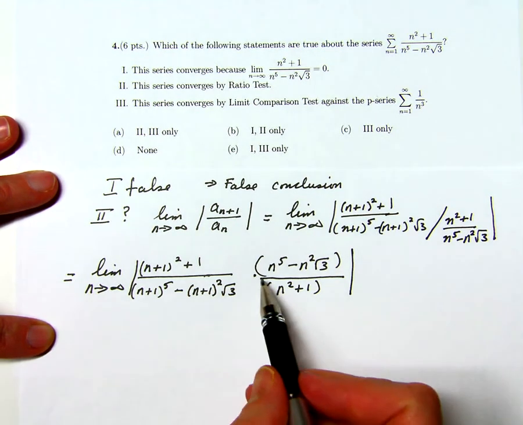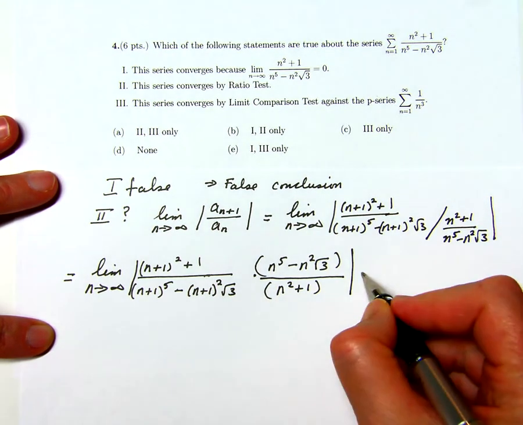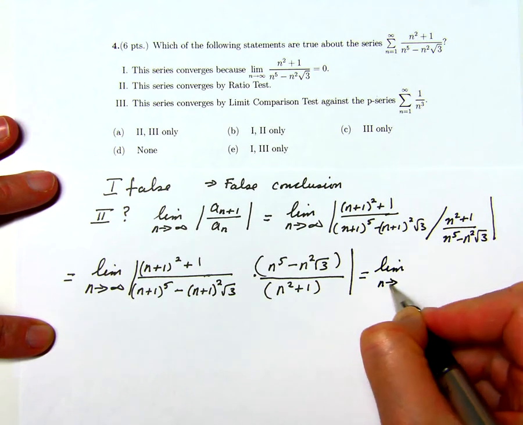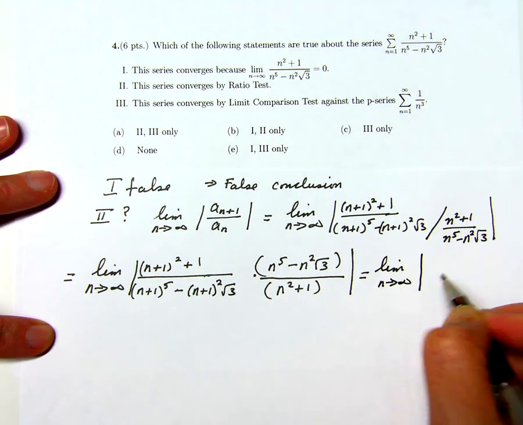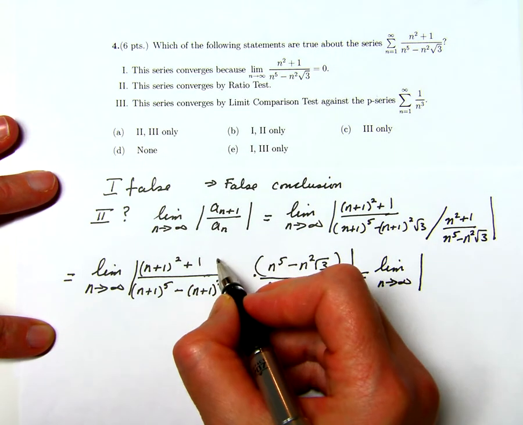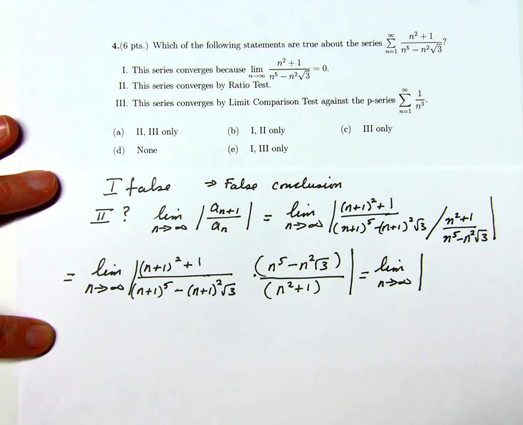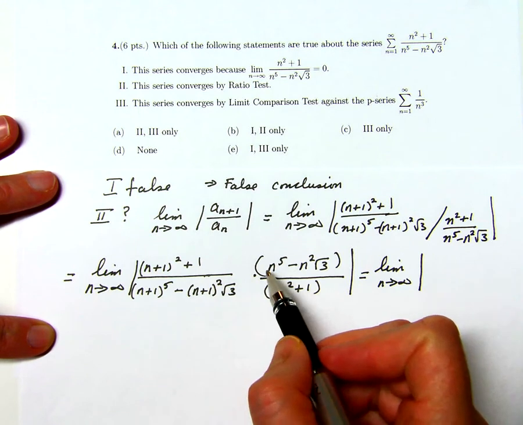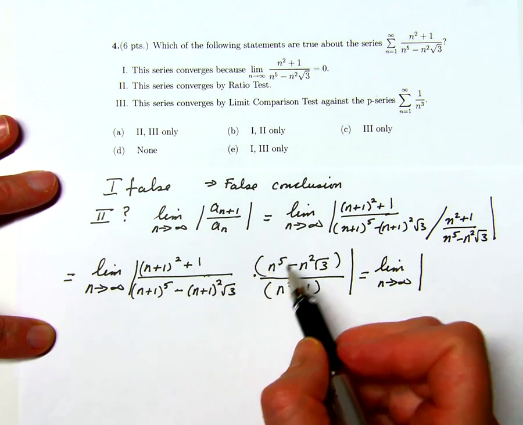Now this again is a rational function, and this limit is just the limit as n goes to infinity of the leading term in the numerator over the leading term in the denominator.